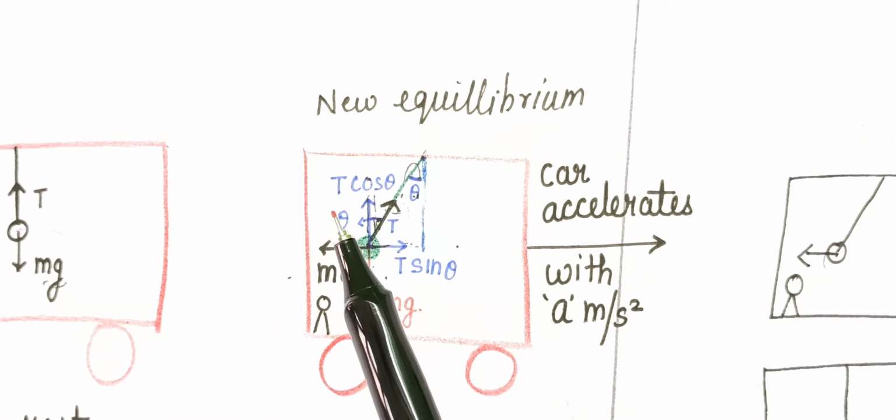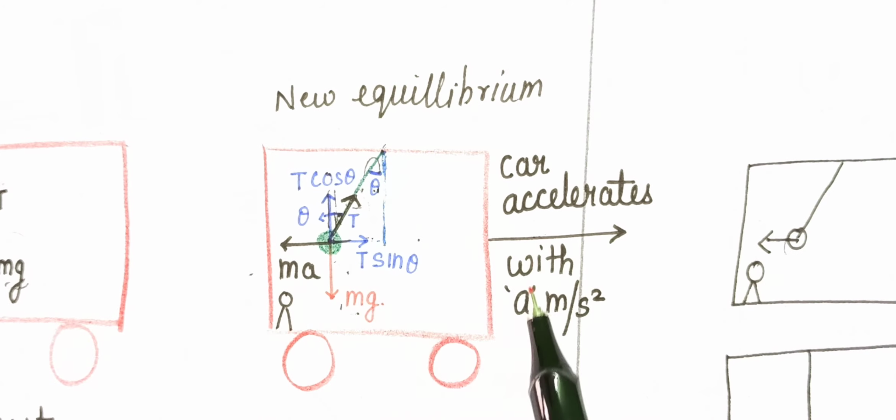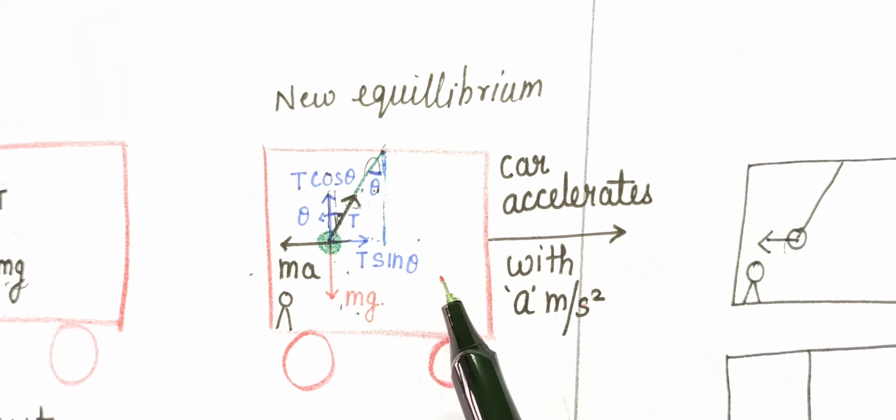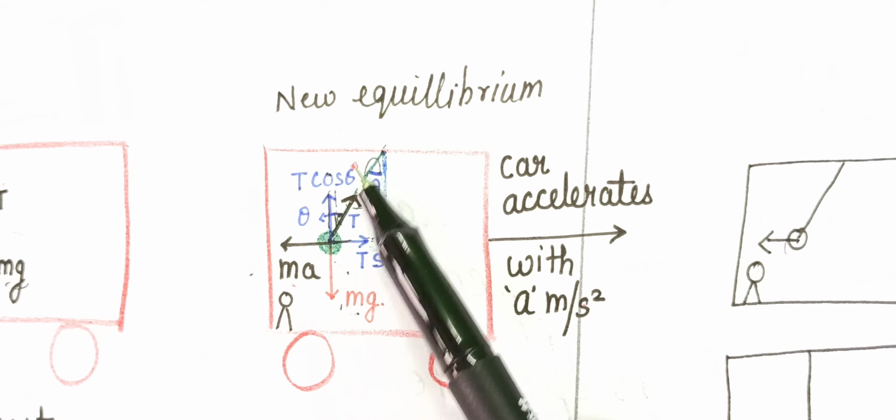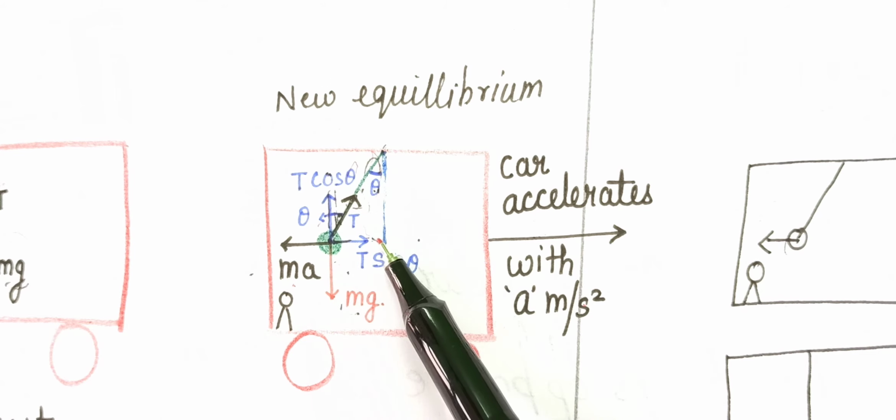Then suddenly the car starts moving and it accelerates with acceleration a meter per second square towards right. And he observes that the pendulum shifts from its vertical position.